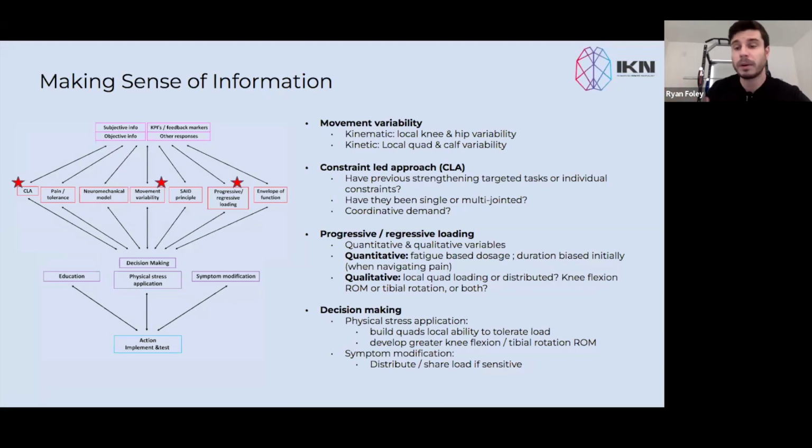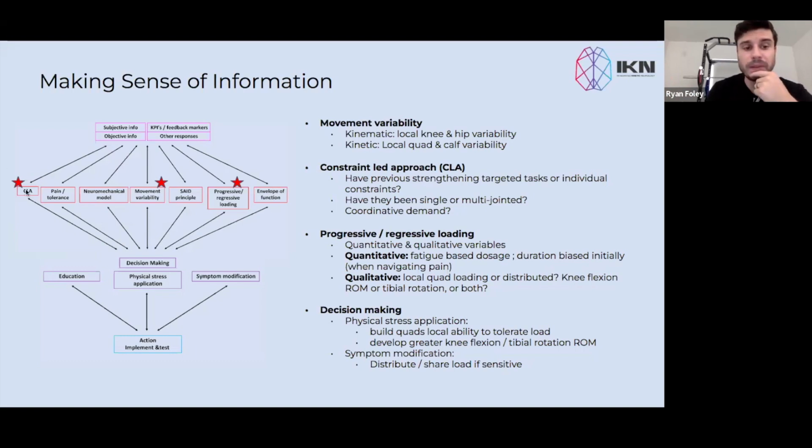We're looking for other responses during the exercise, during the session, after the session, after an exercise, the week after a session, when they come back in to see us for the second session, for example. How are they feeling? This is all under that umbrella of gathering information that will inform your decisions.